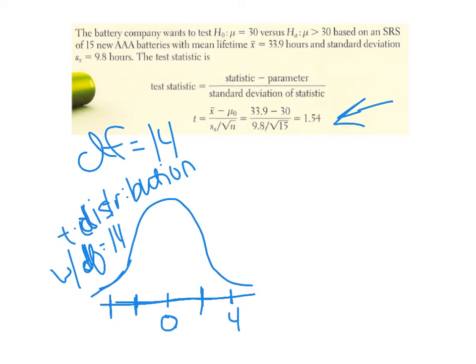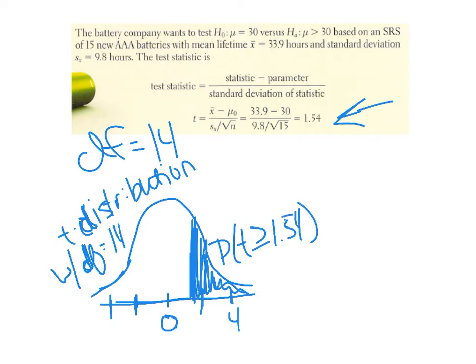Okay, and so my test statistic would be about here. I'm looking for the probability that t is greater than or equal to 1.54. This is for a null hypothesis of 30 and an alternative hypothesis of greater than 30.